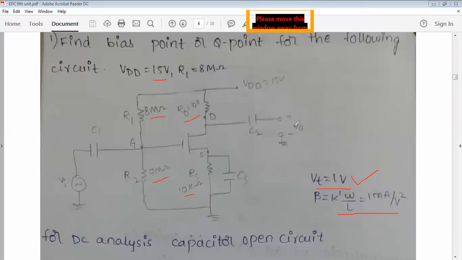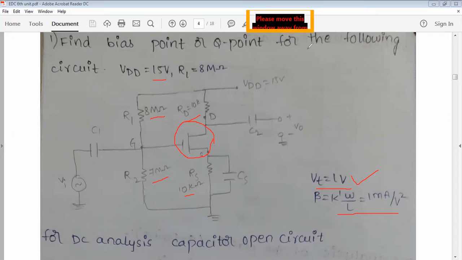Then how do we identify whether the given circuit is an enhancement mode MOSFET, a JFET or a depletion mode MOSFET? One way is by observing the symbol. By observing the symbol, one can easily identify whether the given device is an enhancement mode MOSFET or a depletion mode MOSFET.